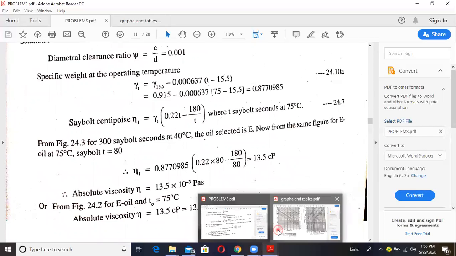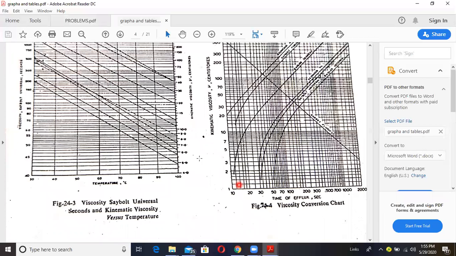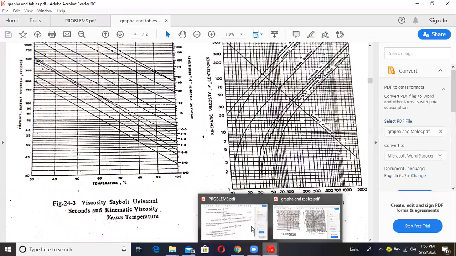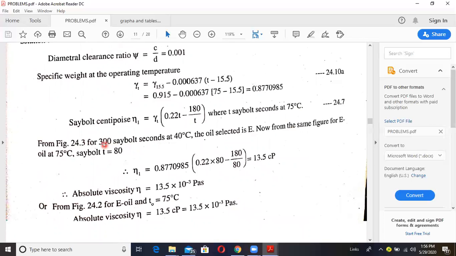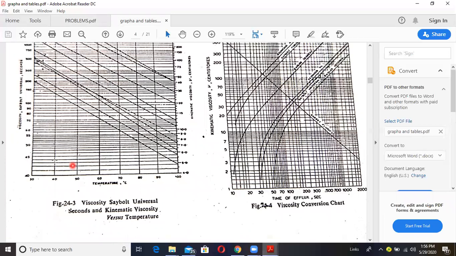Once you go to figure number 24.3, first they have given 300 Saybolt seconds at 40 degrees Celsius. Now if you see 300, here we are having 100, 200, 300. Now 40 degrees, here we are having 40 degrees.